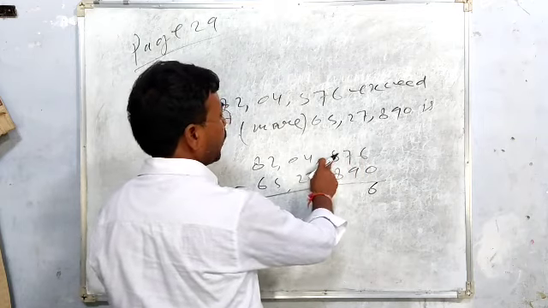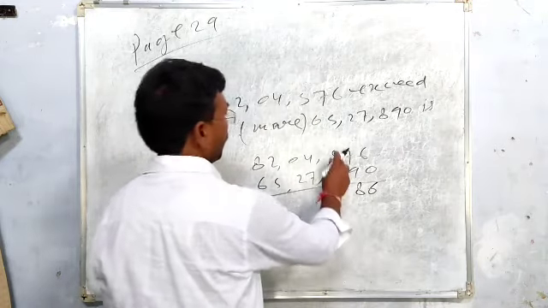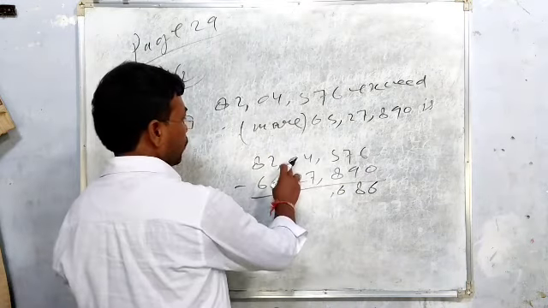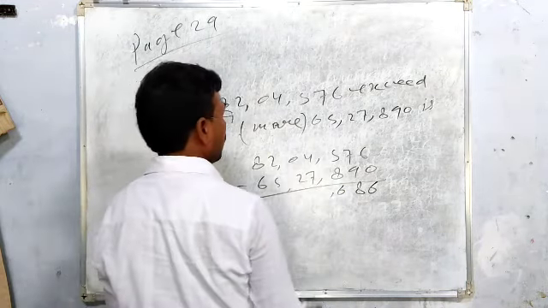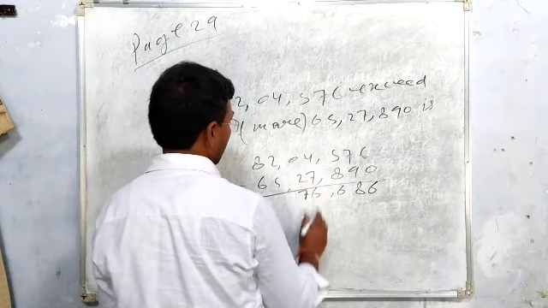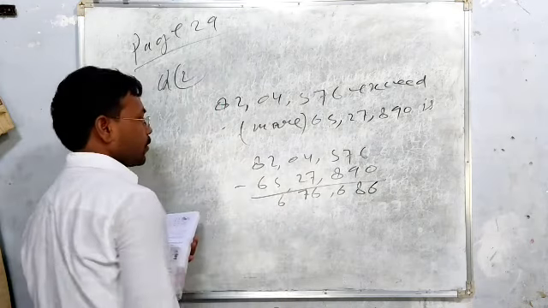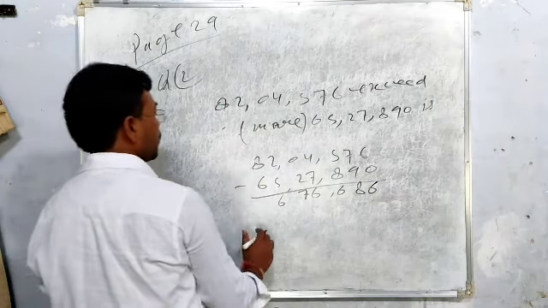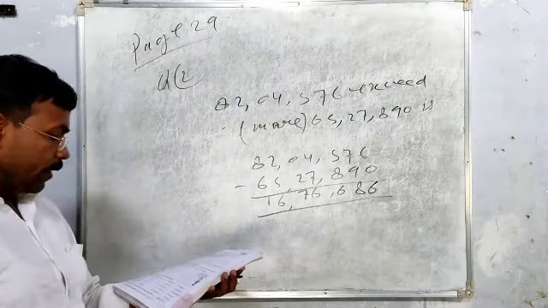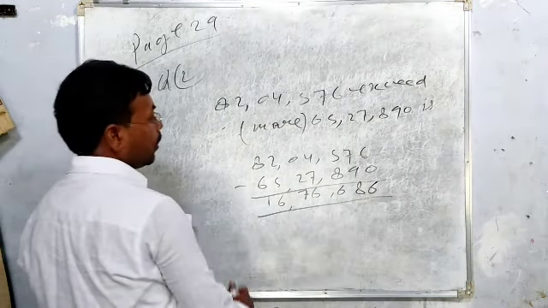You take 1 from 5, and it becomes 17. 17 minus 9 is 8, and here 4, so it becomes 14 minus 8 is 6, and here will be 3, so take 1 from here, it will be 13 minus 7 is 6, and here 9 minus 2 is 7, and here it becomes 1, so 11 minus 5 is 6, and here 7 is remaining, so 7 minus 6 is 1. That is your answer: 16 lakh 76,686. So this is the answer.